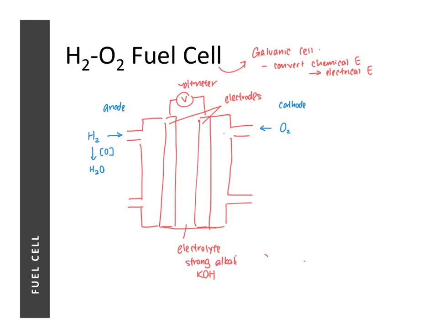Alright, at the cathode, oxygen is going to be reduced to form hydroxide ions. Essentially the product of the two reactions, later you will see, is that you will produce water.